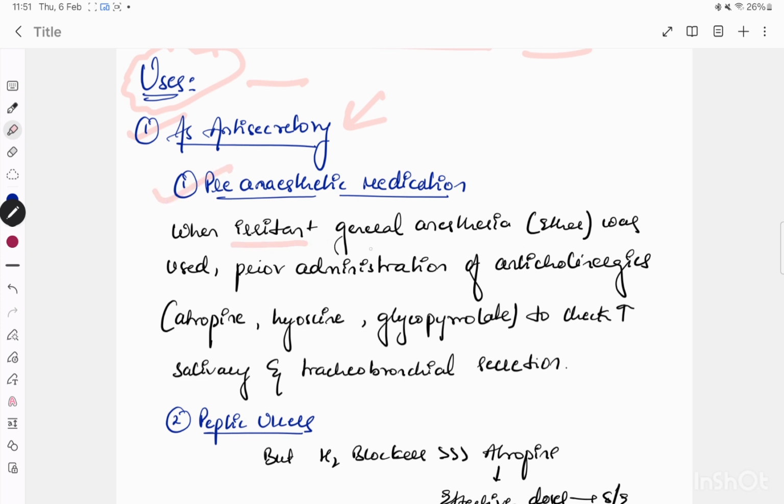When ether, an irritant general anesthetic, was used, prior administration of anticholinergics such as atropine, hyoscine and glycopyrrolate was used to check increased salivary and tracheobronchial secretion. That is, if I have to give ether to a patient so that irritation does not take place, I need to make sure that the tracheal and salivary secretions are less. So for that, we used to give atropine, hyoscine and glycopyrrolate.